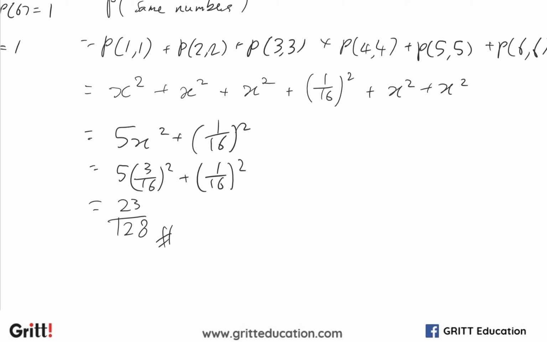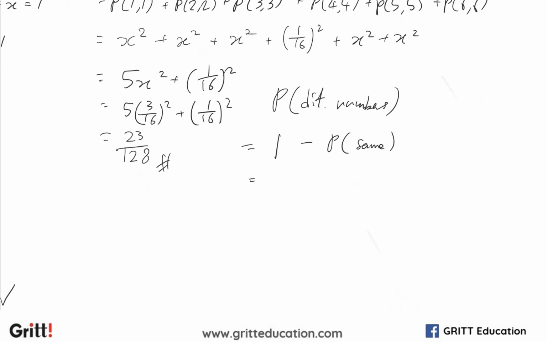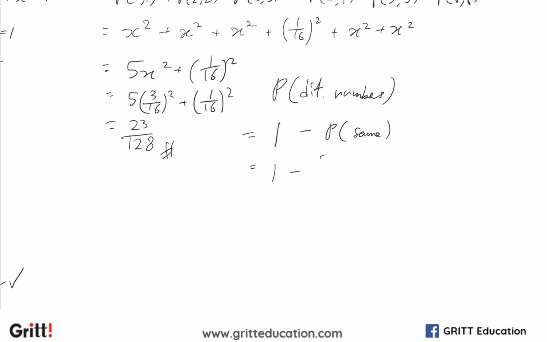If you want to consider different numbers, all you have to do is find the complement, which is the total probability minus the probability of getting the same numbers. So it will be 1 minus 23/128.